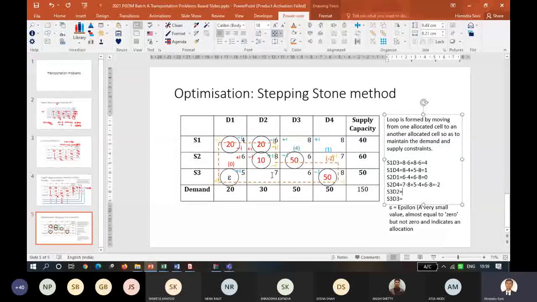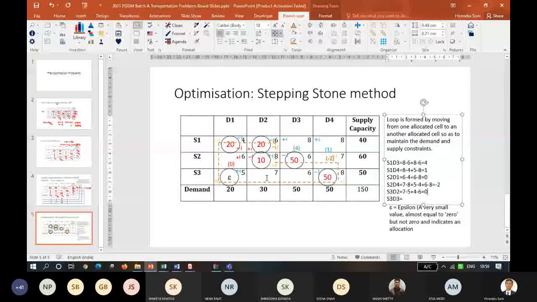So S3D2, it would be +7 -5 +4 -6. Correct? What is the net effect? 7 minus 5 is 2. 2 plus 4 is 6. 6 minus 6, 0. So it would be 0. That means there will not be any effect in this particular cell.